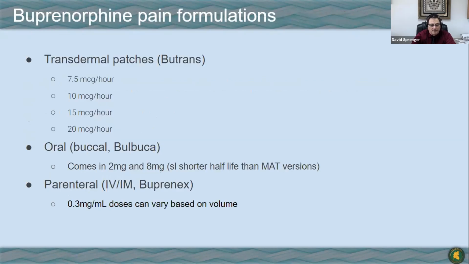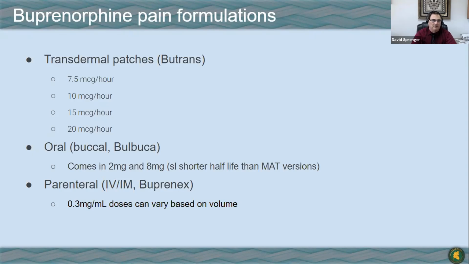So these are some of the formulations of buprenorphine that are available for pain. As I mentioned before, there's a transdermal product called Butrans, and the sizes are rated in terms of micrograms per hour. The oral formulation is a buccal formulation. The name is Belbuca.